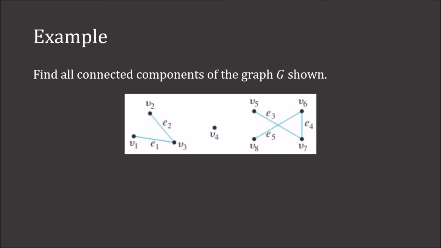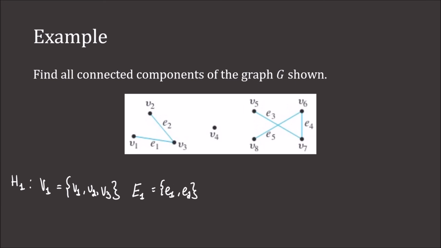Here we're asked to find all the connected components of the graph shown. Well, there are going to be 3 of them. H1 can be described as the set of vertices V1, V2, V3, along with the set of edges E1, E2.